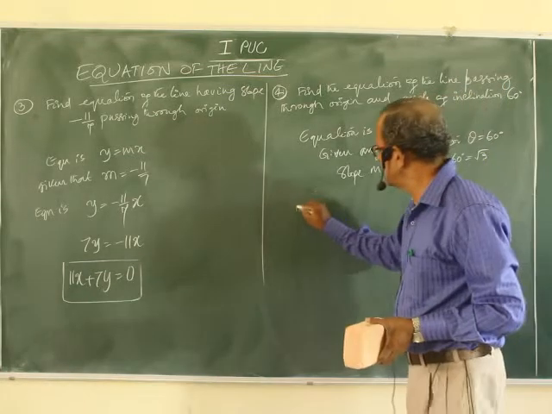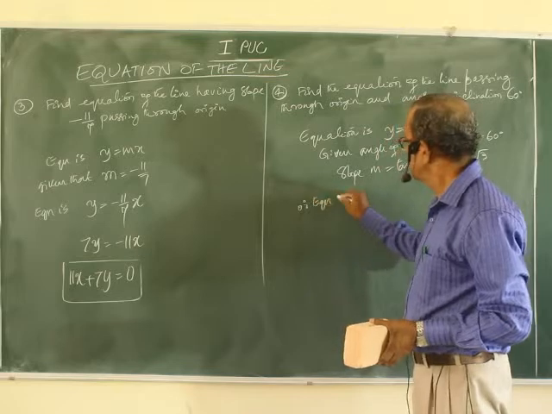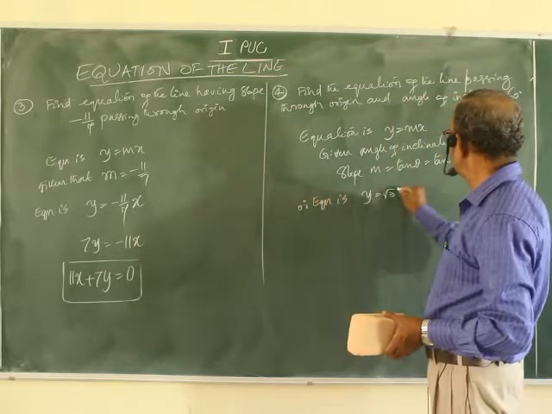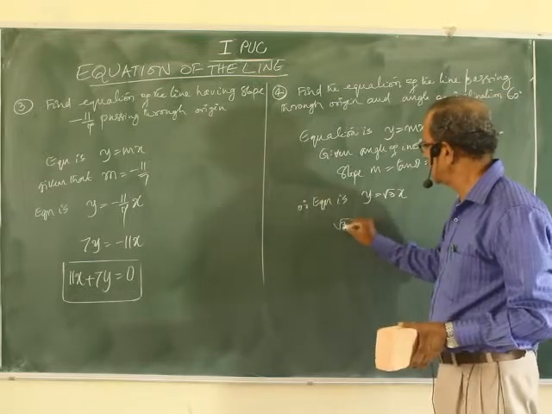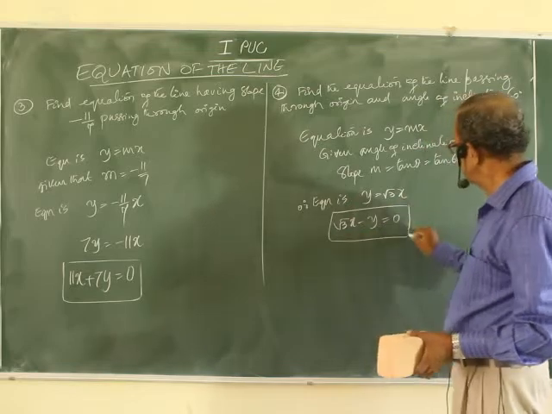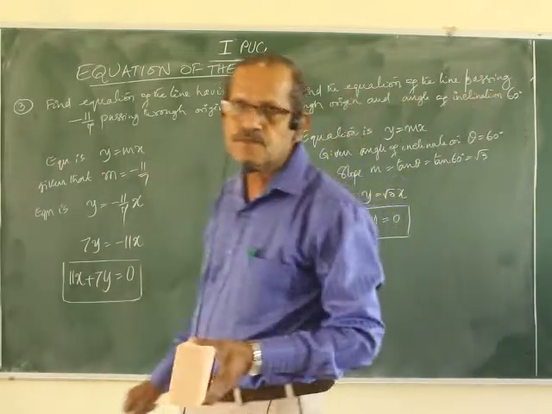Therefore, equation is y as it is, m root 3, x as it is. Final answer will be this one. Over.